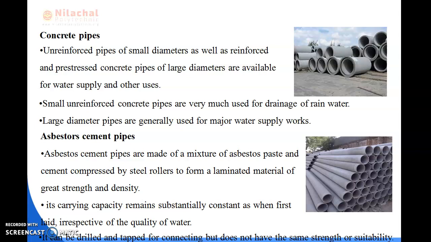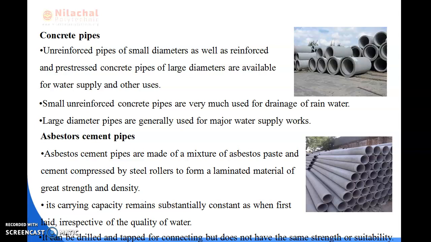Its carrying capacity remains substantially constant as when first laid, irrespective of the quality of the water, and it can be drilled and tapped for connecting but does not have the same strength or suitability.